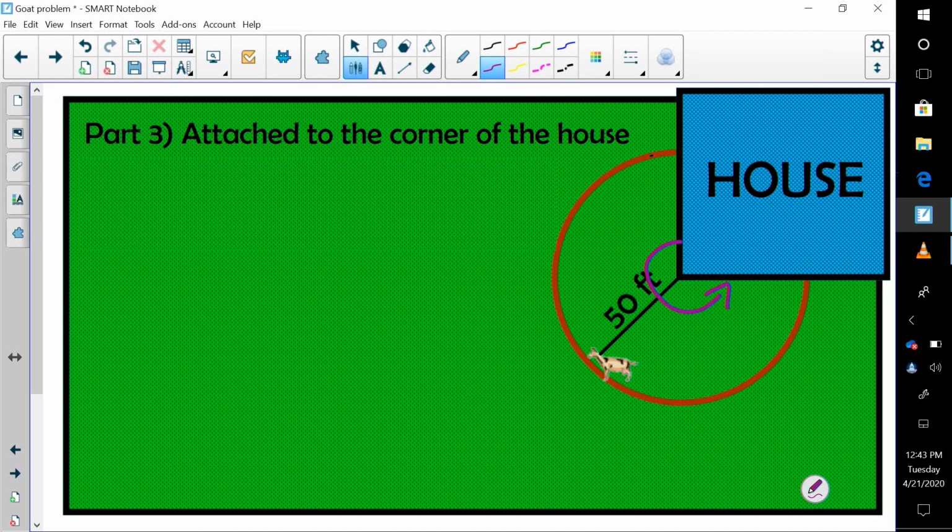Since this angle is 90 degrees, and 90 degrees is 1/4 of 360, that means this angle is 3/4 of 360, which is 270 degrees. So our central angle measure, which is also our intercepted arc, our m, is going to be 270 degrees.